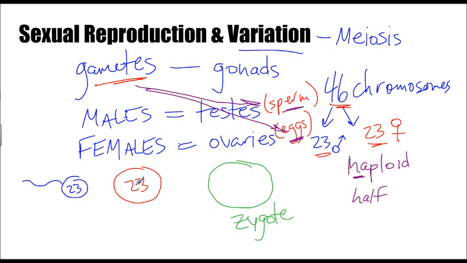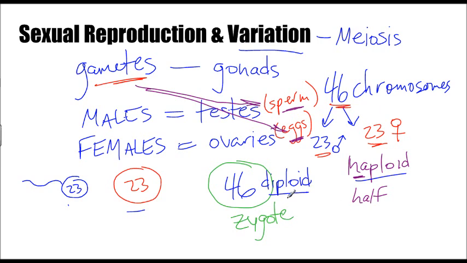If you're one of my viewers, odds are you're a human viewer. That sperm and that egg came together to form this zygote that contains 46 chromosomes, or as we can say, a diploid number of chromosomes. So the gametes, sperm and egg, have a haploid number of chromosomes, while the zygote and every other human cell contain a diploid number, which is double the number of the haploid cell.